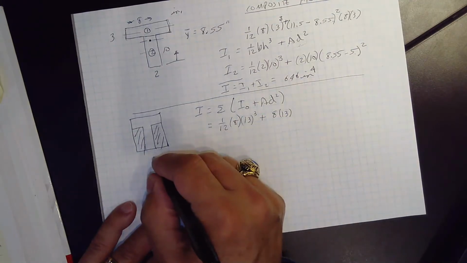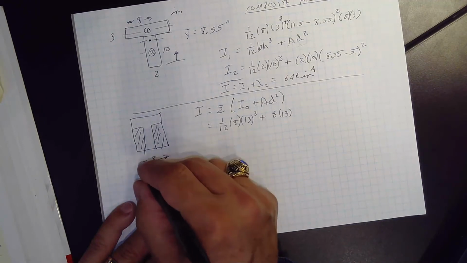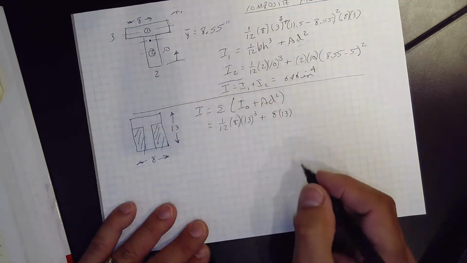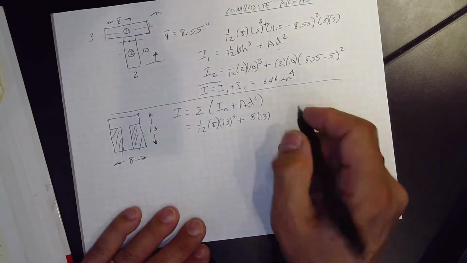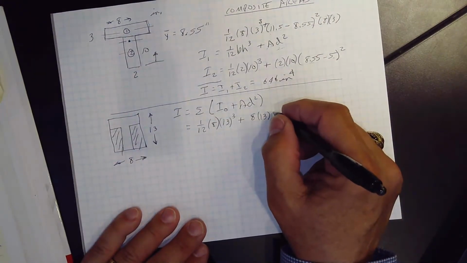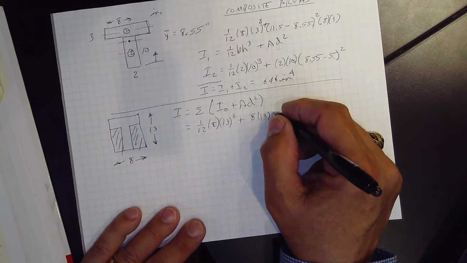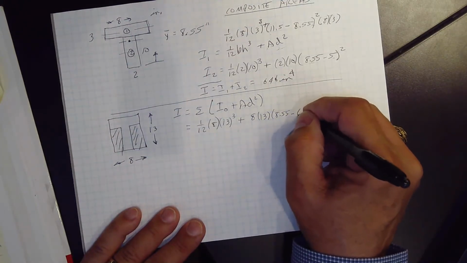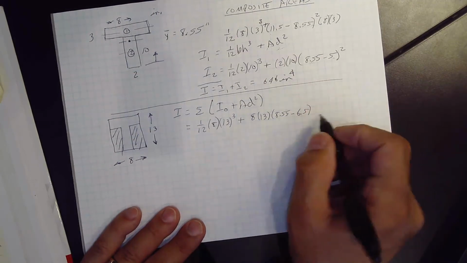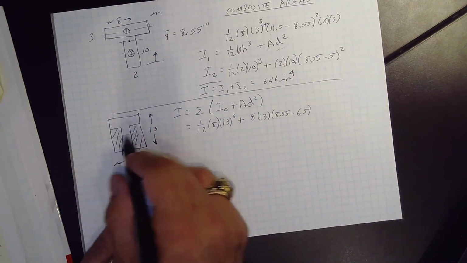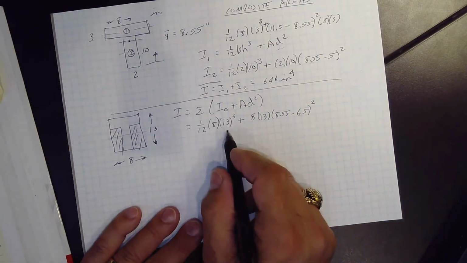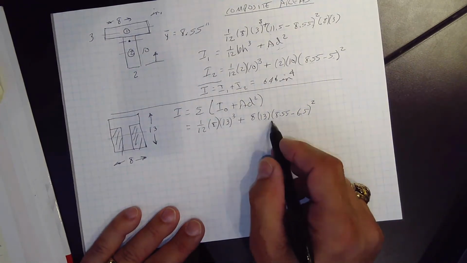Remember, this is 8, and this is 13. 8 times 13 plus d squared is once again going to be 8.55 minus 6.5, 6.5 being the center of the block that we're looking at, squared.